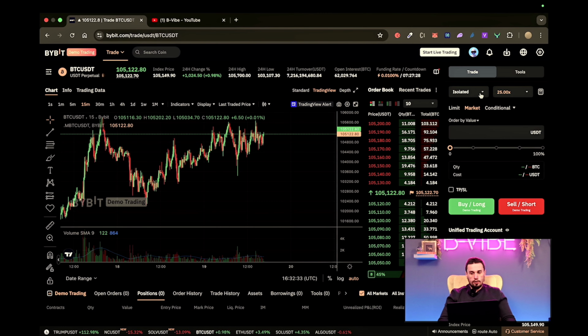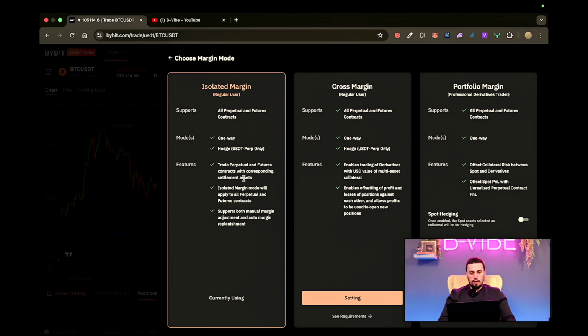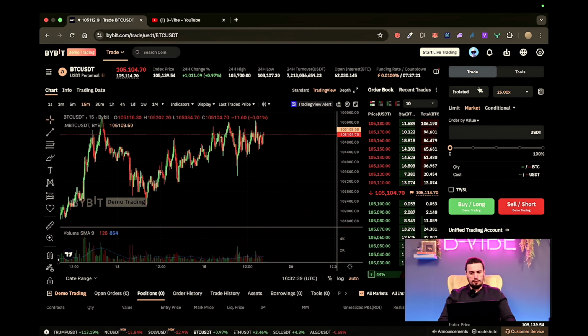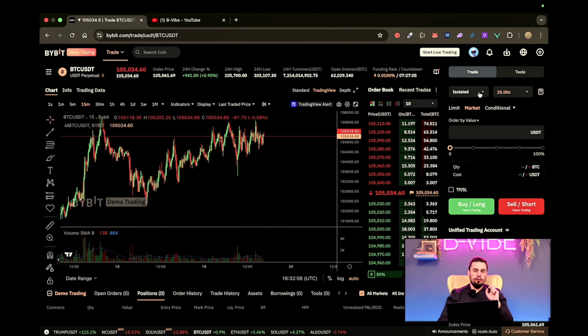You can choose between isolated and cross margin. I will not go into details now, but I suggest you use isolated margin. Why? Because the worst case scenario is that you will lose the amount of money that you have invested.